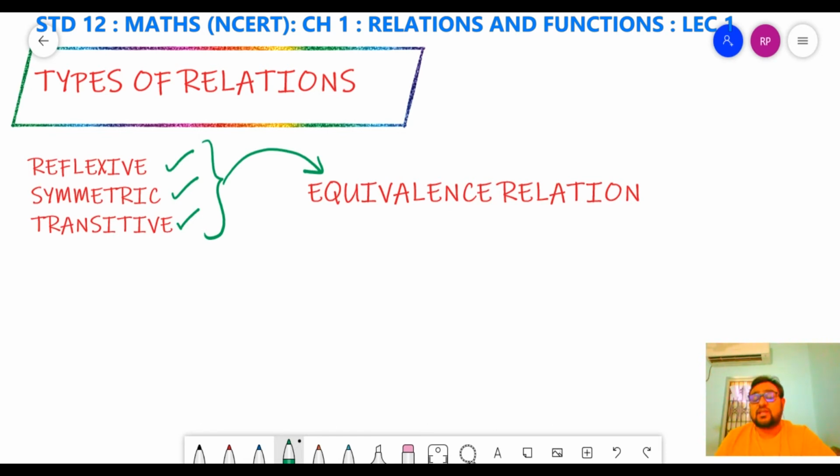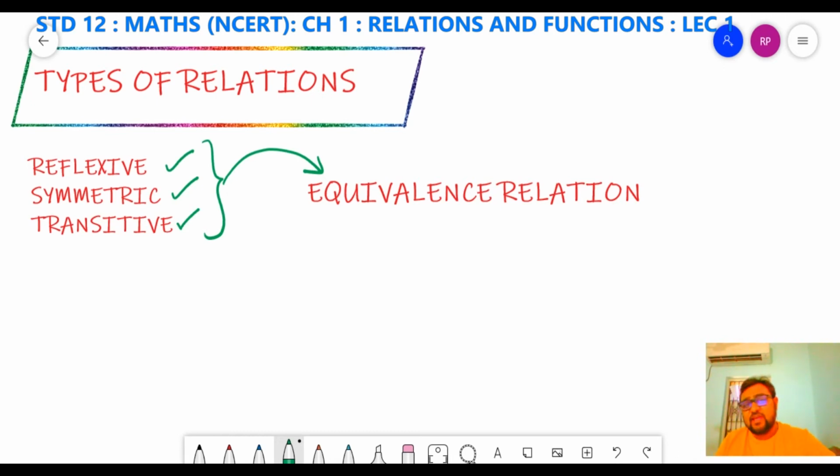See, in MCQ there are different options, like a relation is given and then option A, it is reflexive but not symmetric and transitive. It is symmetric and reflexive but not transitive. It is transitive and symmetric but not reflexive. And fourth option, it is an equivalence relation.